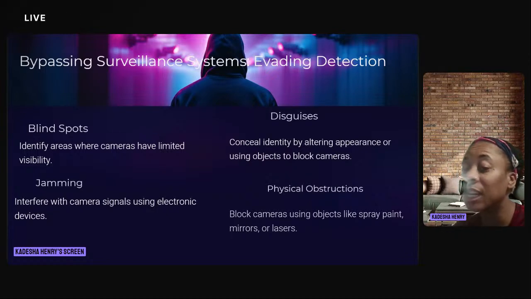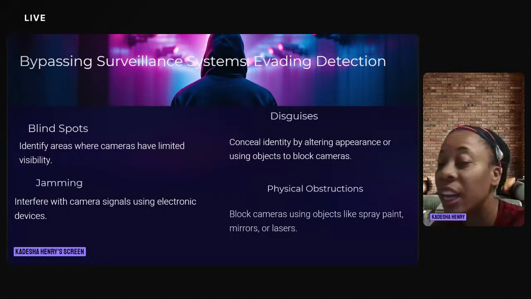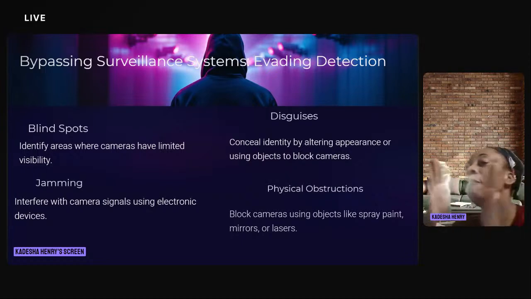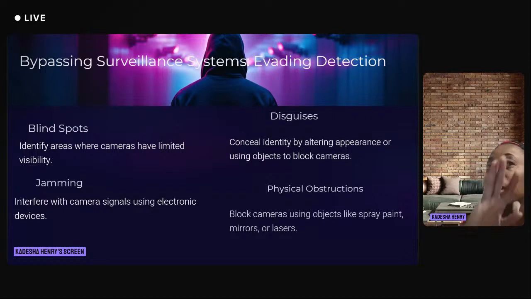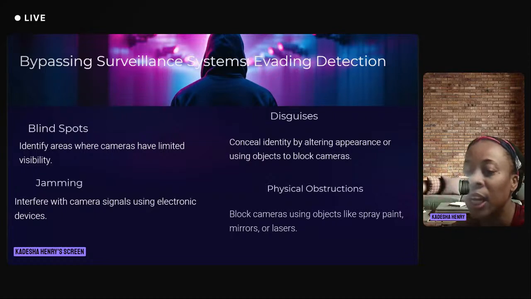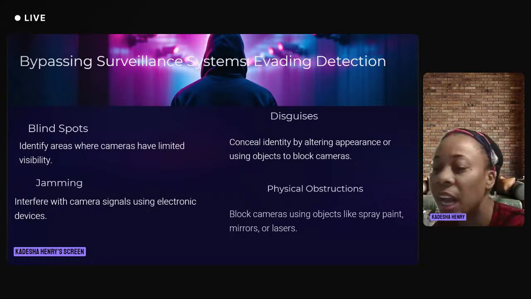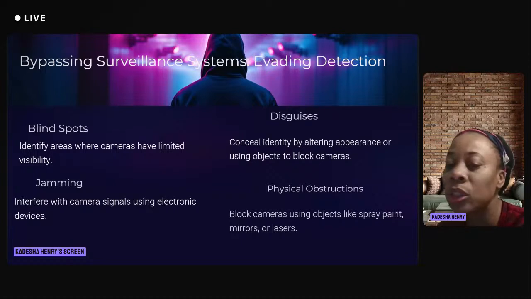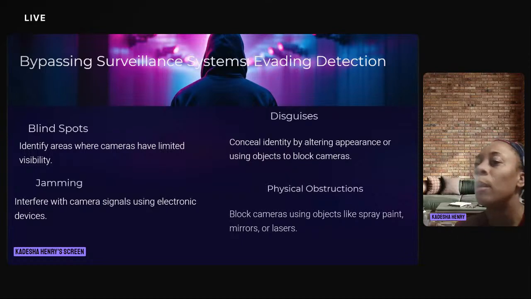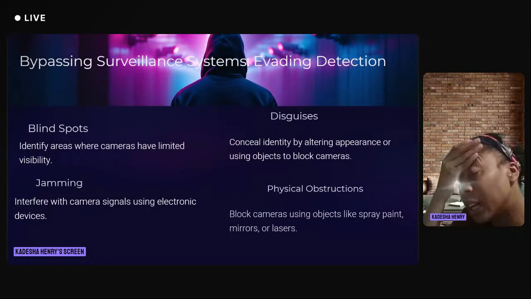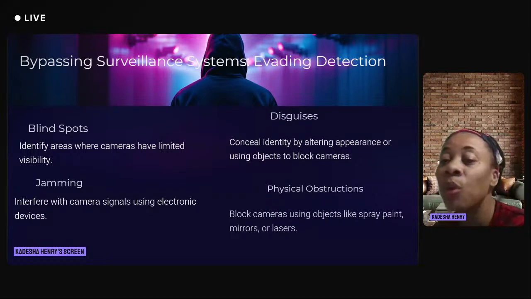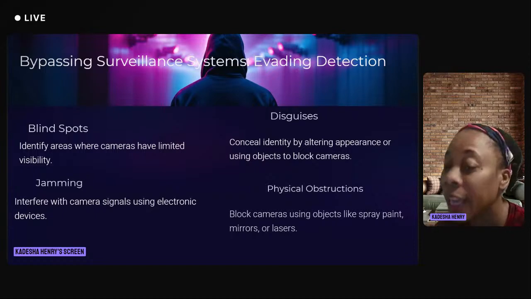And then you have physical obstruction, which is another way in which you can evade surveillance cameras. You're trying to go around the camera so no one will identify you. You can block the camera using objects like spray paint, mirrors or lasers. So sometimes when intruders badly want to get into your server center, your data center, they will spray stuff on the camera.